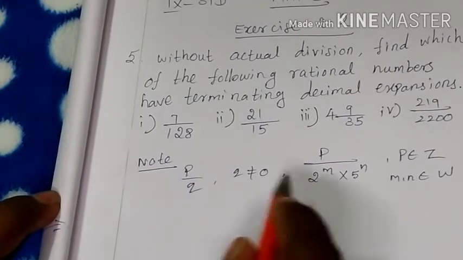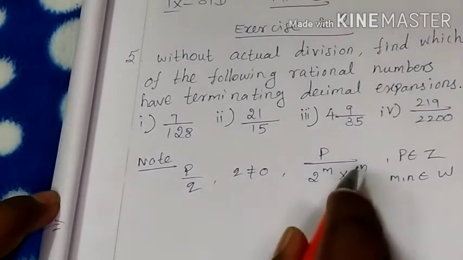Otherwise, the rational number will have a non-terminating and recurring decimal expansion.